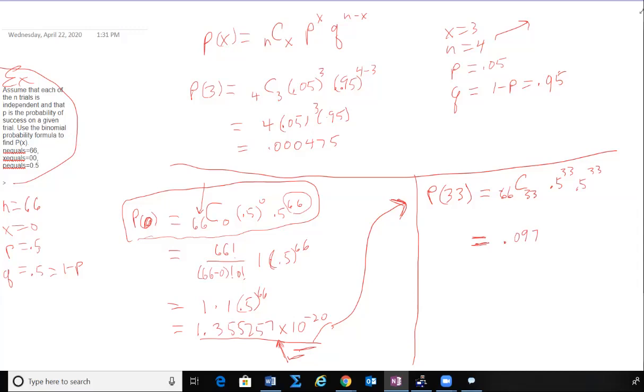Okay, so way bigger than this last number, but still, it's not that large. So the probability that you would get half of those in heads and the other half in tails is actually only 0.097.